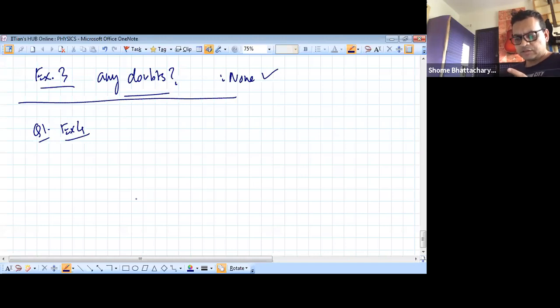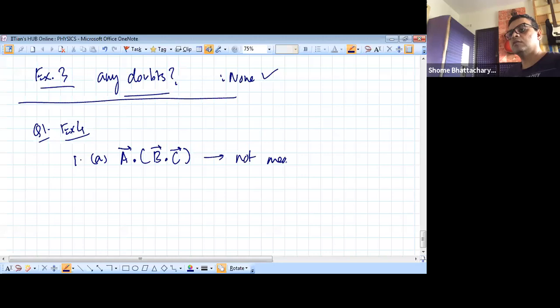It says which of these are meaningful. So for example, in 1E, the expression says e dot (b dot c). Now you can understand this is not meaningful. Why is it not meaningful? Because b dot c is a scalar.